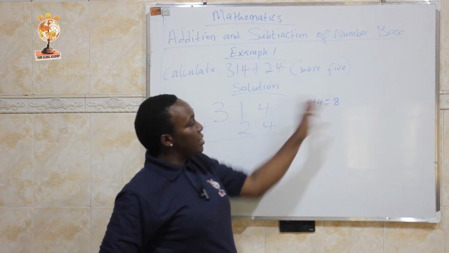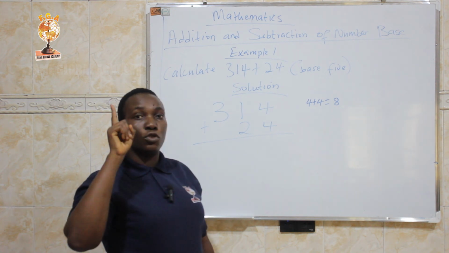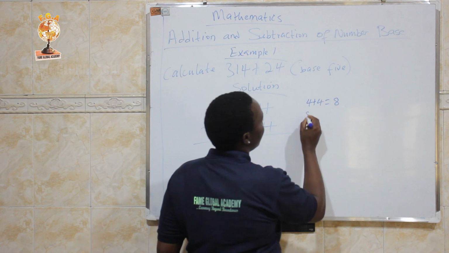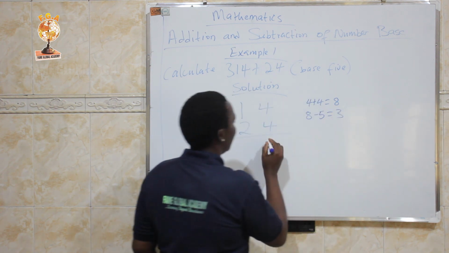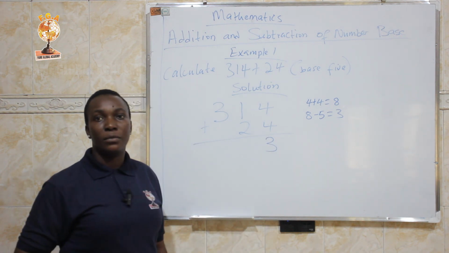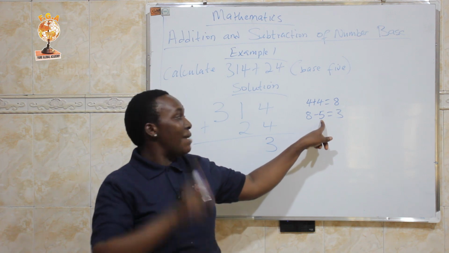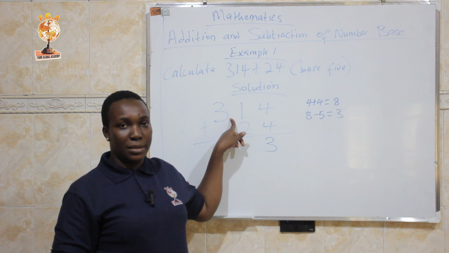So if you have 8, you ask yourself: since 8 is bigger than 5, we have to subtract 5, which is the base, from 8. So we have 8 minus 5, and our answer is 3. That's what you write here. Then the 5 you subtracted, you carry it as 1 to the next part.